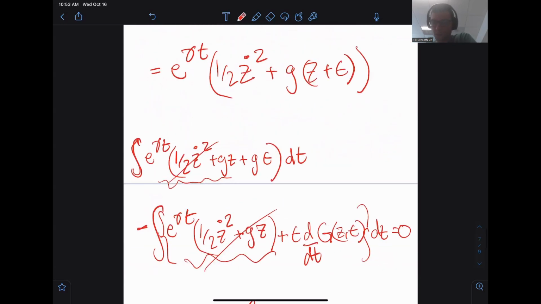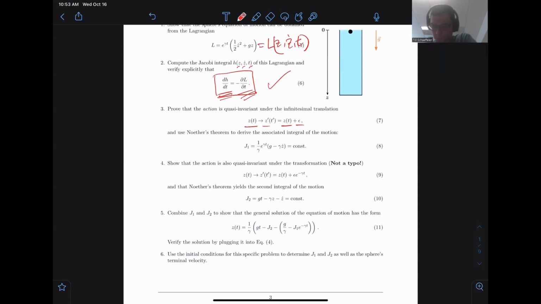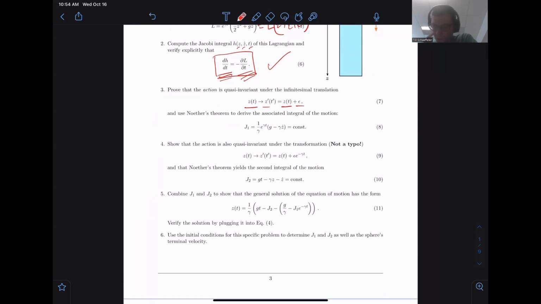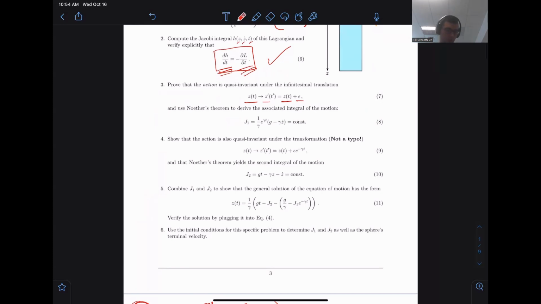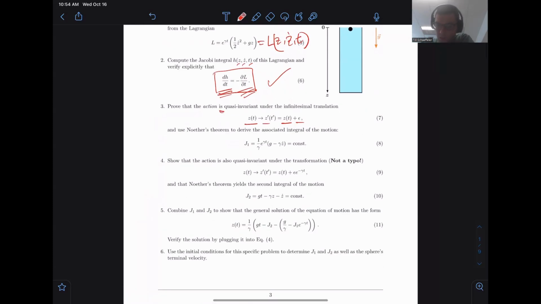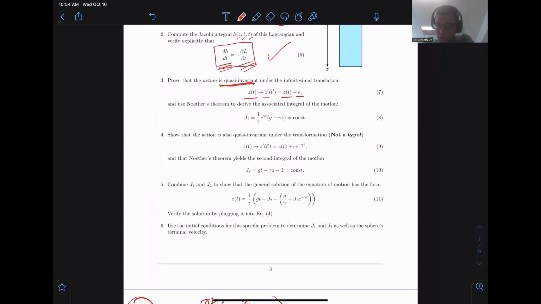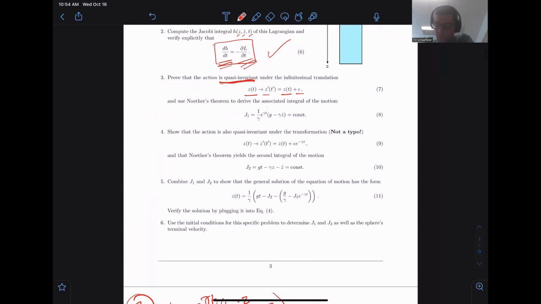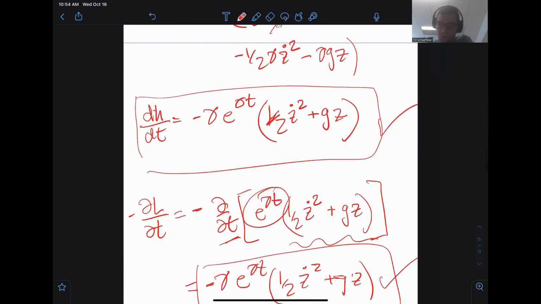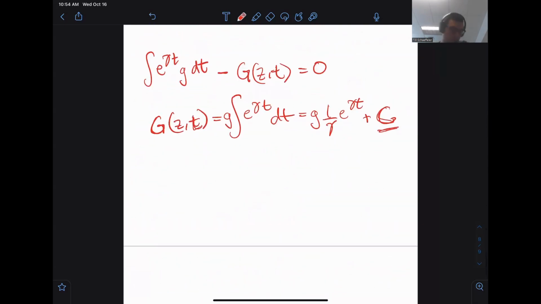Okay, so let's see where we're at. We know that there's a function g now to make that equation true. So we know that the action is indeed quasi-invariant, and now we just have to find the constant of motion associated with that transformation. To do that, we're going to use another formula that looks like this.